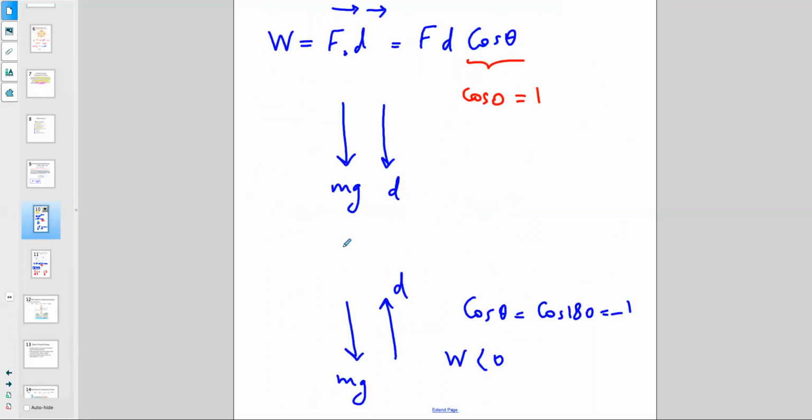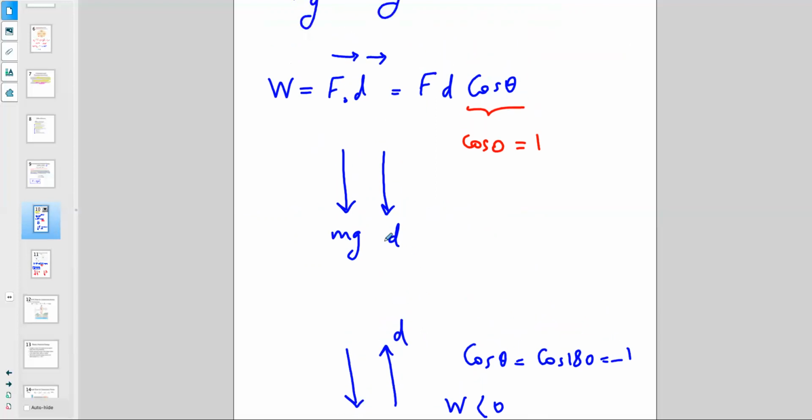Remember this? As I said, if the mg is down and the displacement is up, the work is negative. We know it because they are in the opposite direction. And if they are both in one direction, mg is down, displacement is also down, then you're doing a positive work.